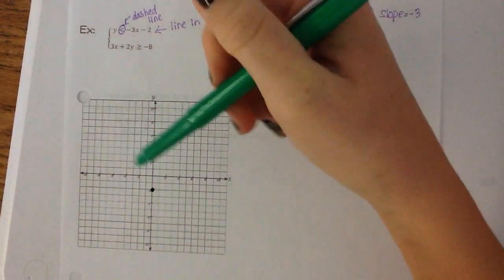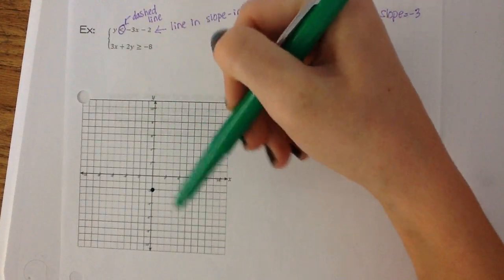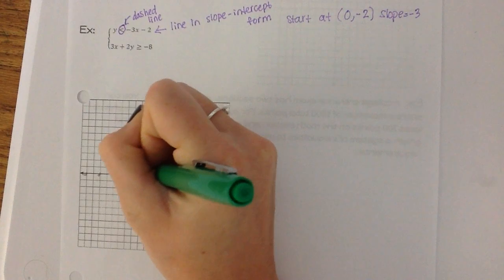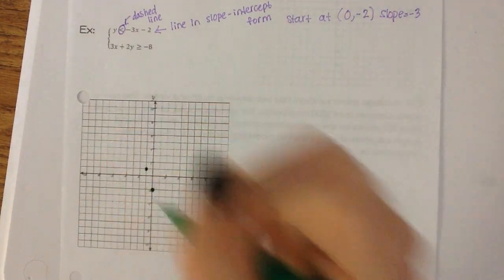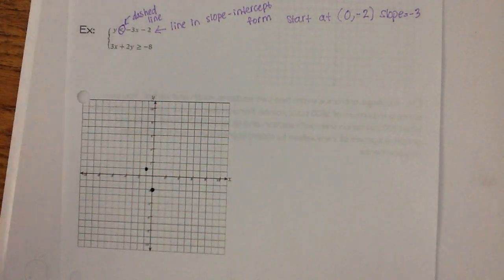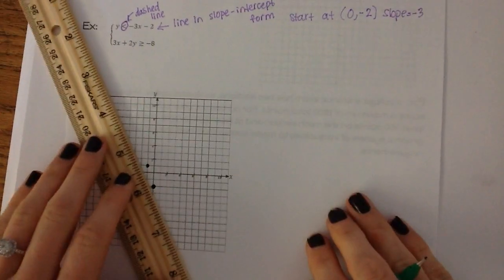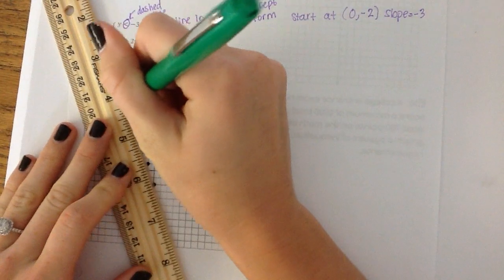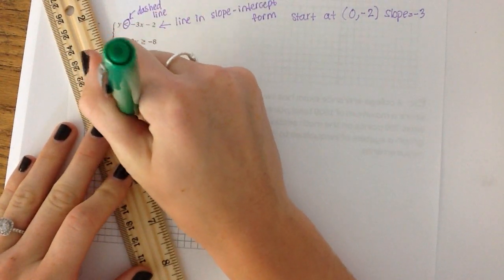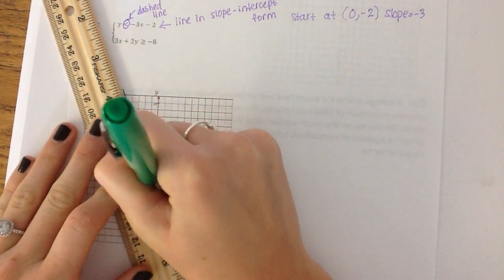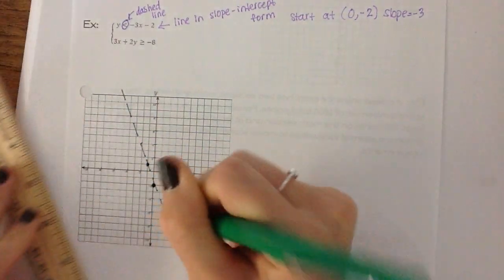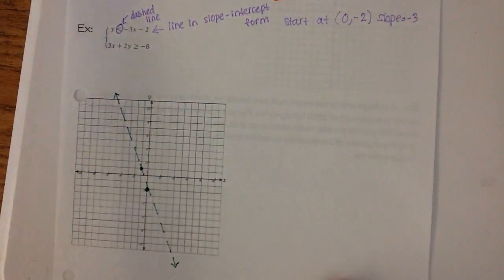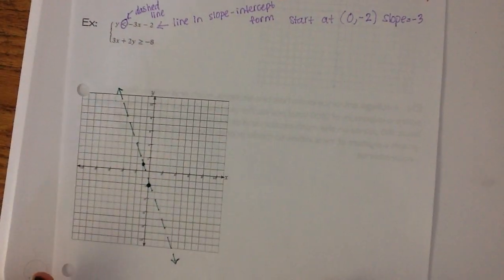So if we have a negative slope, our line is going to be going up and to the left. So we are going up 3, over 1 to the left. Okay, so let's go ahead and draw our line. And we know that this is a dashed line. Okay, so there's our line.